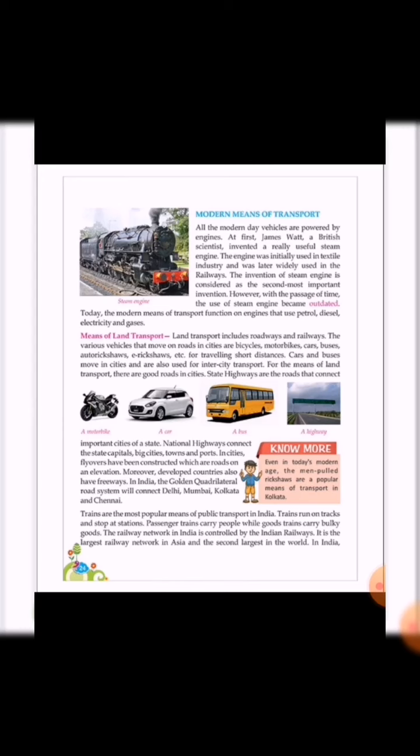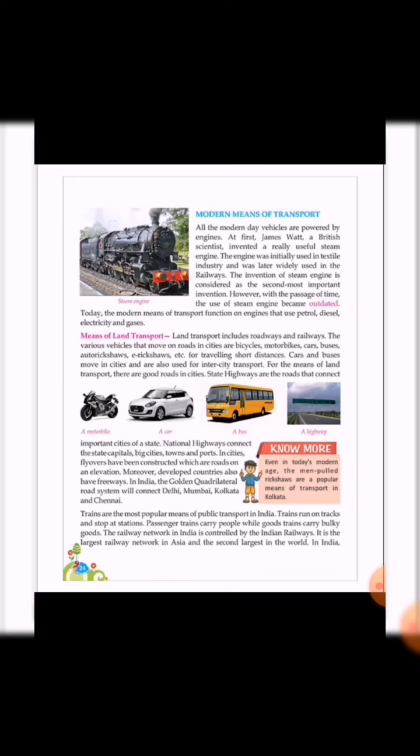Now let me explain it to you like that. It's in very easy English, so you can understand by reading also, but still I'll try. With the increase of trade, okay children, every country needed an efficient system of transport. So first of all, modern day vehicles are powered by engines.